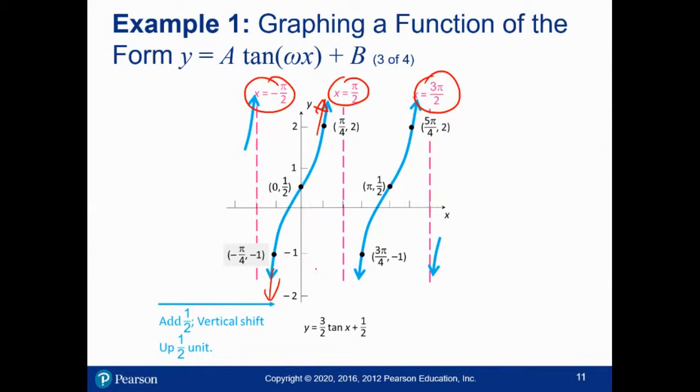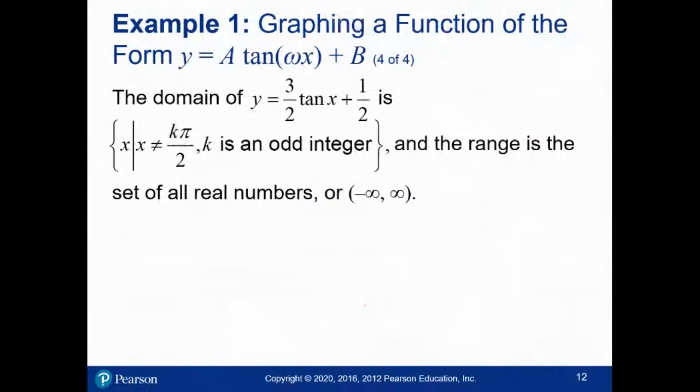It did not change where the vertical asymptotes were, and it didn't change the fact that I could go all the way down to negative infinity or all the way up to positive infinity. And then adding 1/2, just shifting the entire graph up, didn't change the vertical asymptotes. If I had all real numbers as possible outputs and I add 1/2, I still have all real numbers. So the domain and range are actually unchanged from the original tangent function.